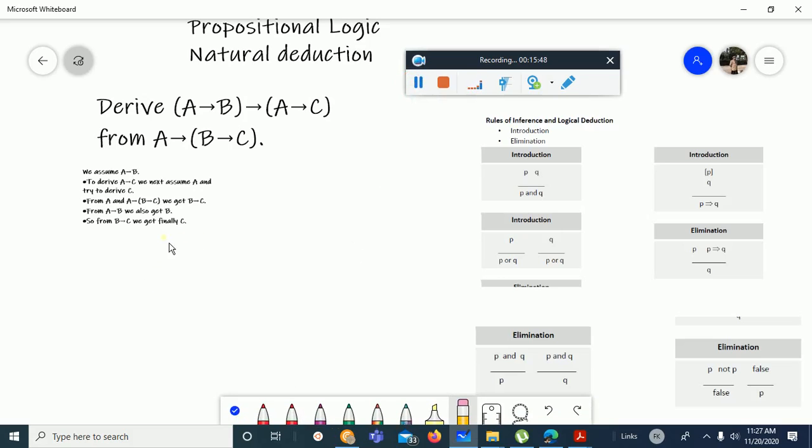First of all, we will assume A. We will write that in bracket. Then if we have assumed A, we can say that A implies B. This is an introduction, implies introduction.